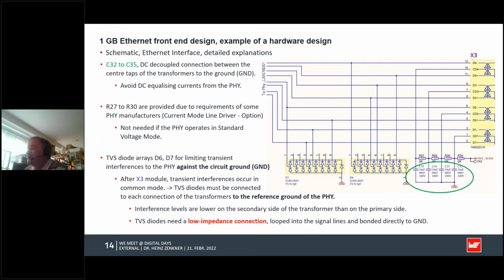So if you separate them by these capacitors, then you have a DC separation, and you do not short the DC offsets of the channels of the Phy.